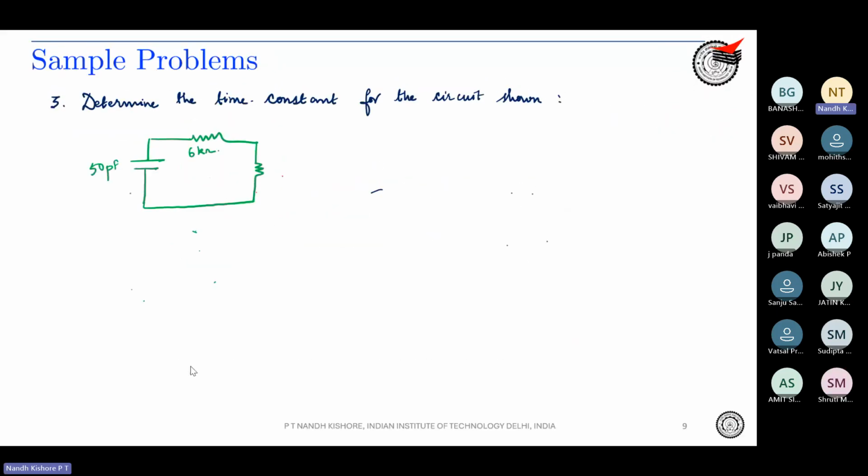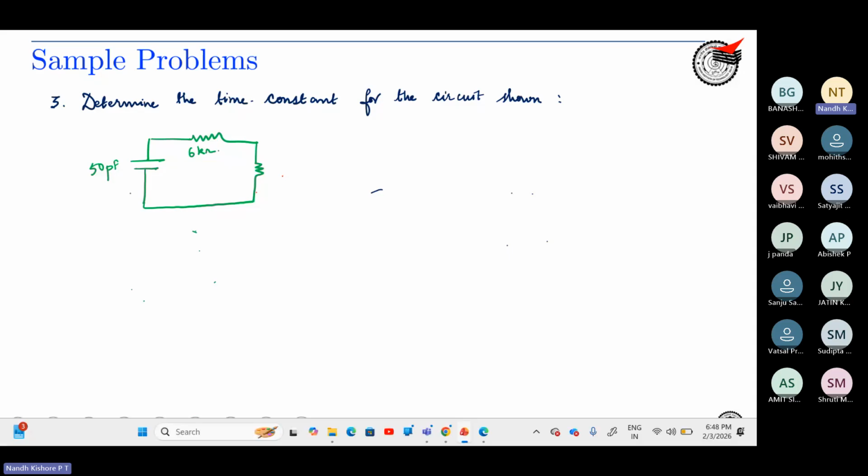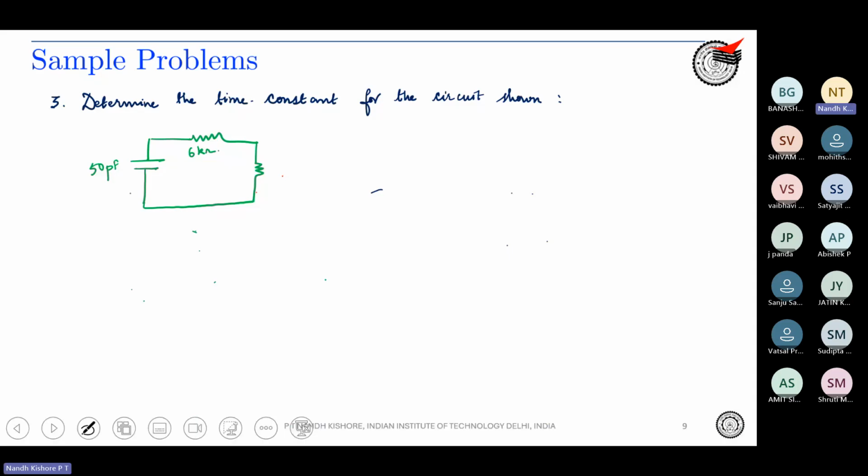So the question is: determine the time constant for the circuit shown in the figure. I'm just drawing the circuit. So this is an RC circuit. What is the time constant of an RC circuit?